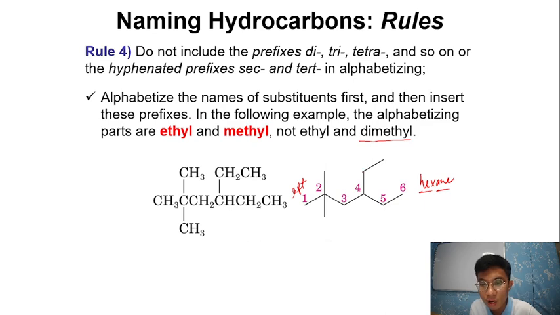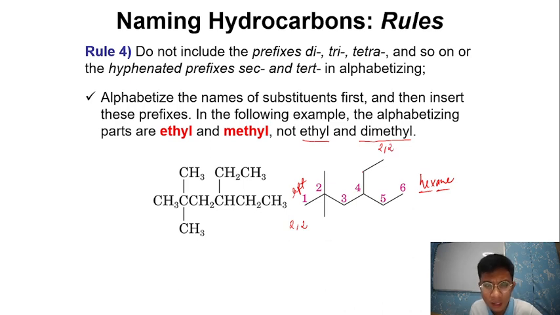So, meron kayo ditong 1, 2. So, meron kang ethyl, meron kang dimethyl, may hexane ka. Ngayon, nasaan yung dalawang methyl groups? Sa anong carbon position? So, dapat ay dalawang number yung magagamit natin. So, 2, 2.